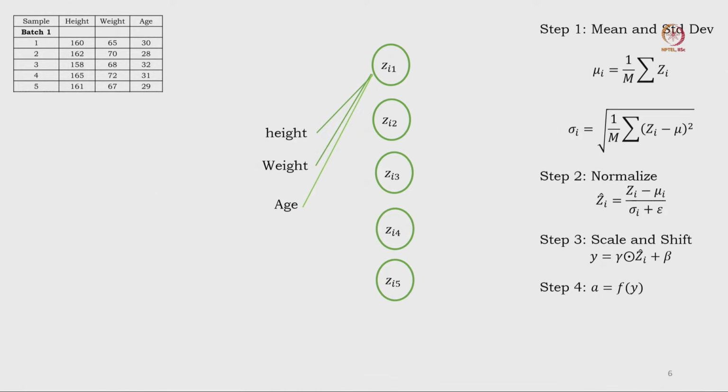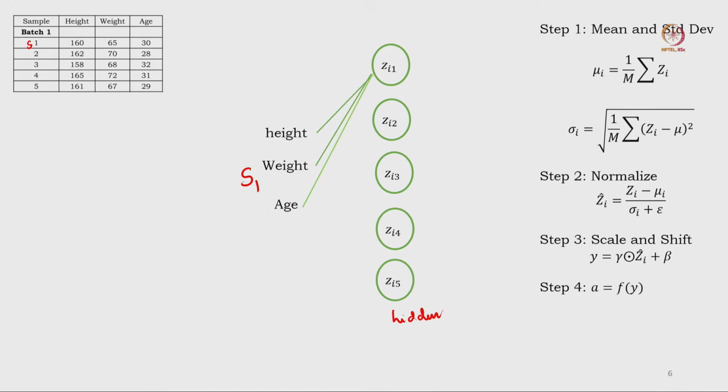Now, we want to build a neural network, and let us understand what exactly is the operation that is taking place. Now, I am passing the first sample S1. S1 has 3 features, height, weight and age, and this is the hidden layer. In the hidden layer, how many neurons are there? There are 5 neurons.